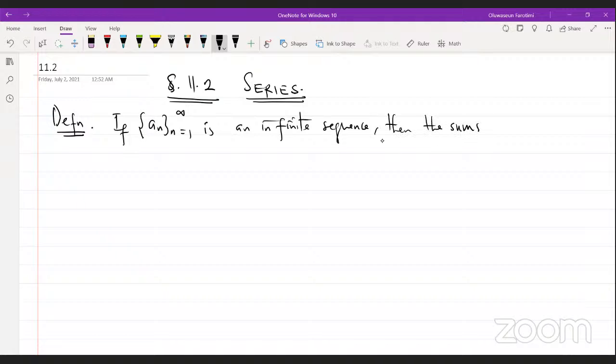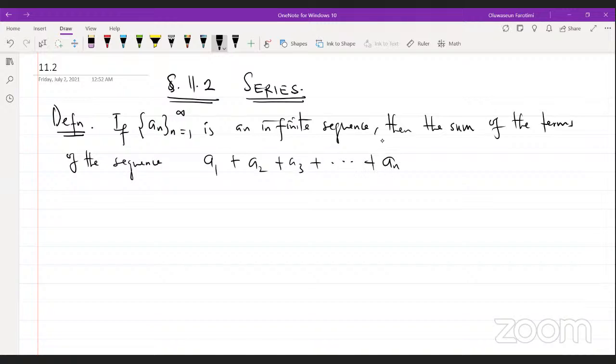When we talk about series, we're summing up terms. So the sum of the terms of the sequence A1 plus A2 plus A3, on and on.